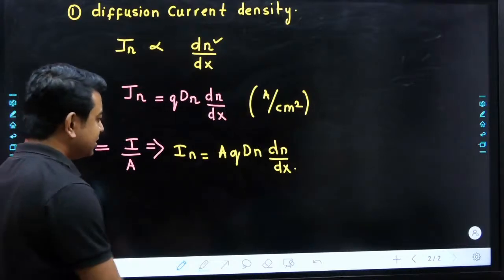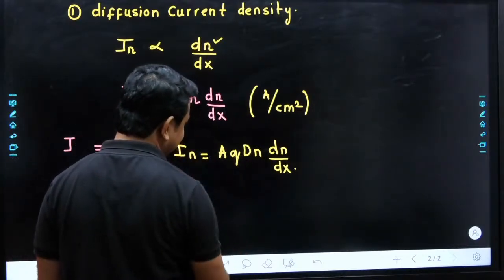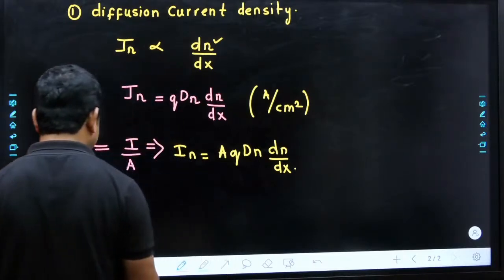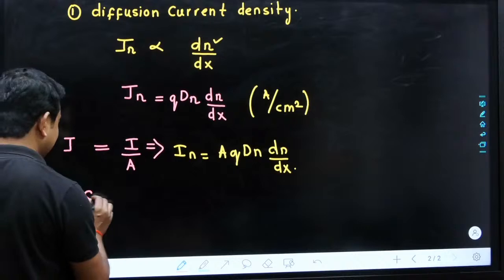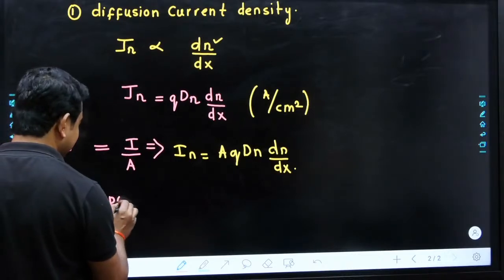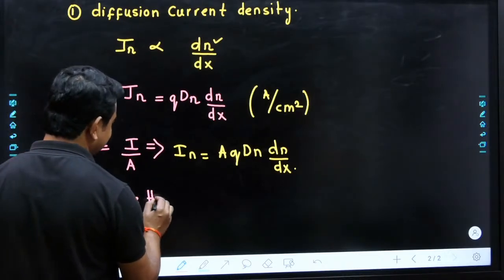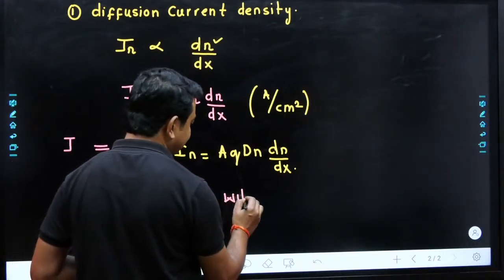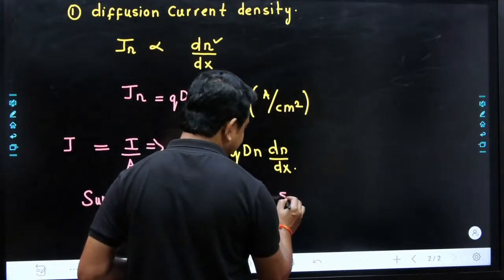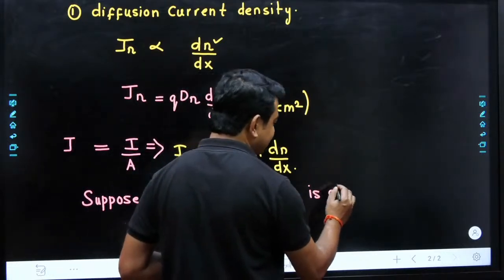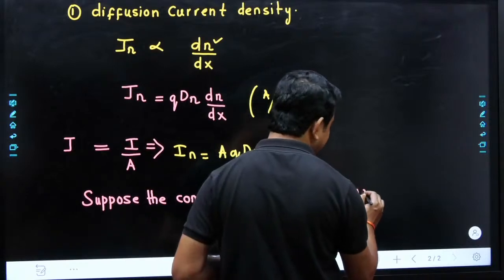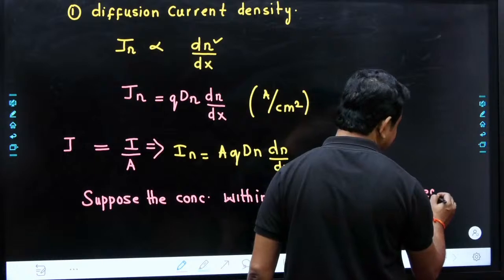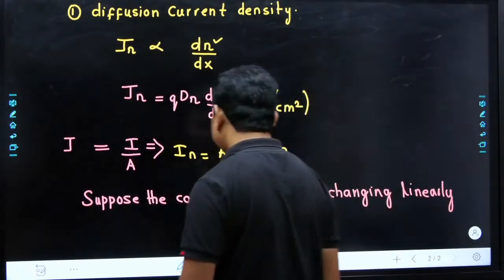So, this is dn by dx. Suppose the concentration within the semiconductor is changing linearly with respect to distance.